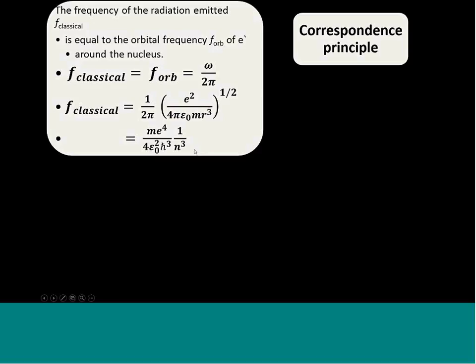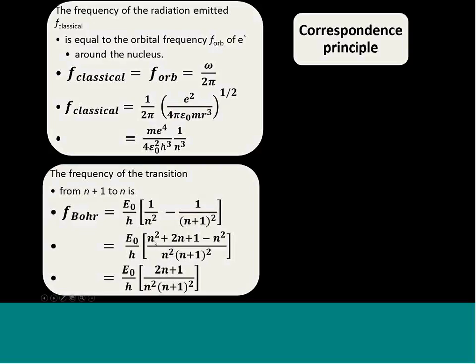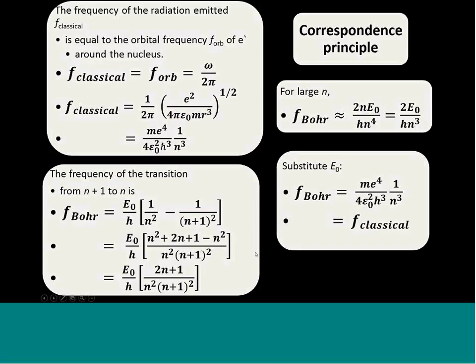So we get m equals 4 with 4 pi, h bar, n cubed. And f equals A 0 with h. So 1/n cos 2, 1/n plus 1 cos. So combine them, the n's can be subtracted with this n, then we get (2n+1) over n squared (n+1) for large n, which is also equal to the f classical.